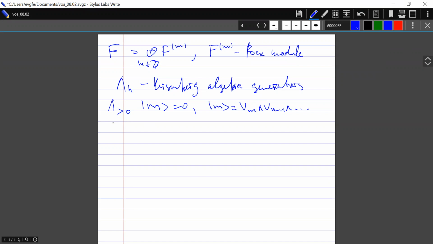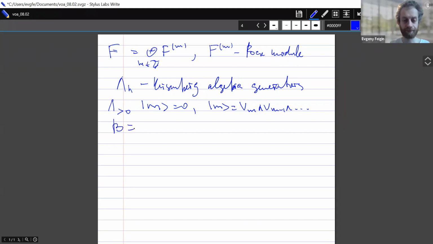So we have the bosonic part, which is B, and our B is the polynomial ring in Z, x1, x2, and so on. So these are an infinite number of variables, and Z to the power plus minus 1.